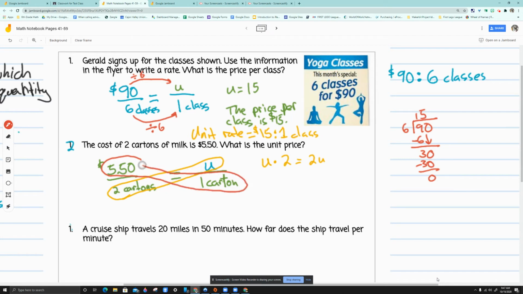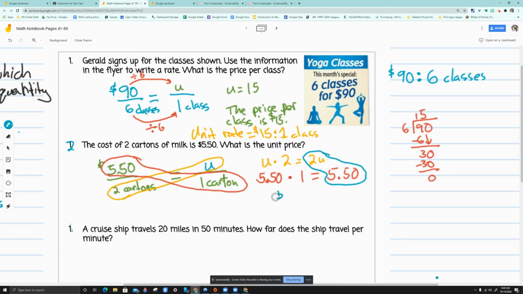And then I'm also going to do $5.50, or 5 5/10. So I'm going to fix that decimal. 5 50/100 times 1, and that is 5 50/100, right? Or 5 5/10. I'm going to take these two products and make my equation.